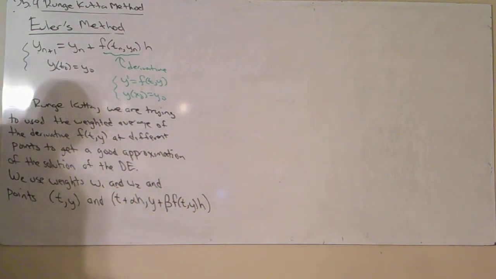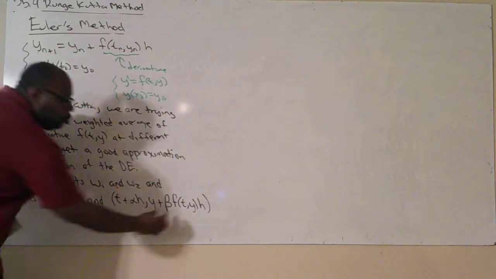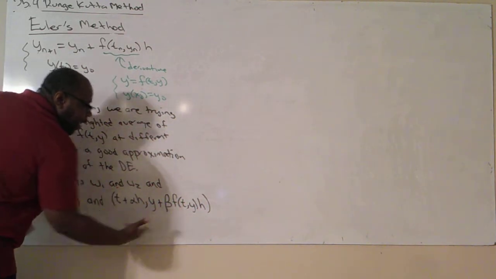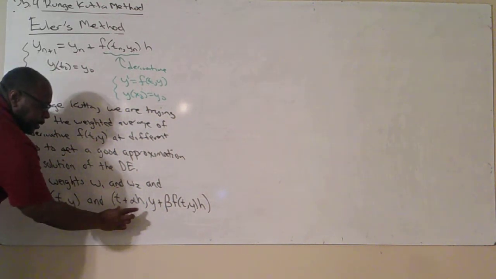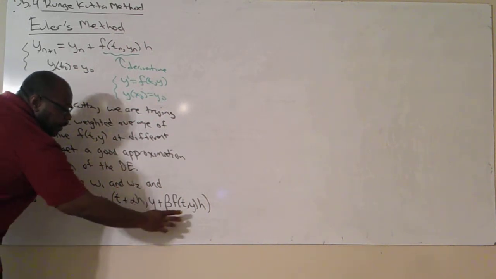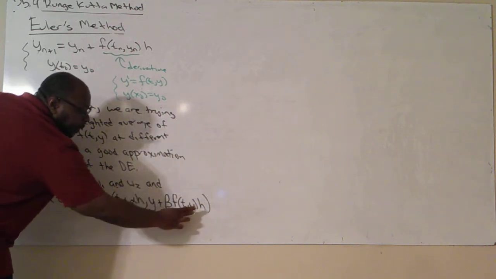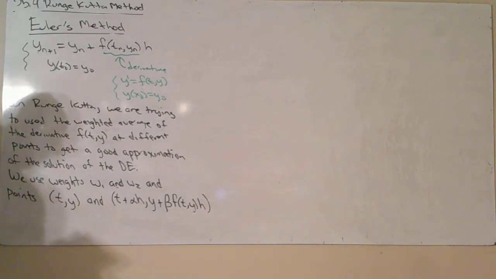So the y value of this point is going to depend on what my derivative is at that particular location t, y. Here, the next t value is going to be a fixed value of alpha times h, but the y value is going to depend on what my derivative is at that particular location.